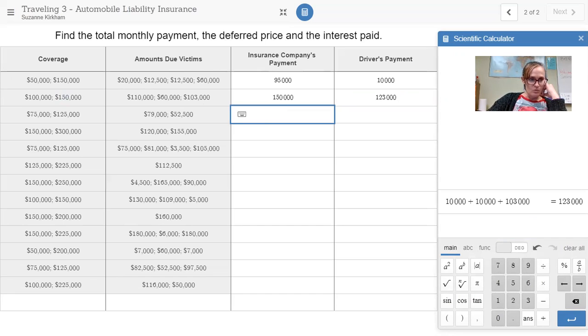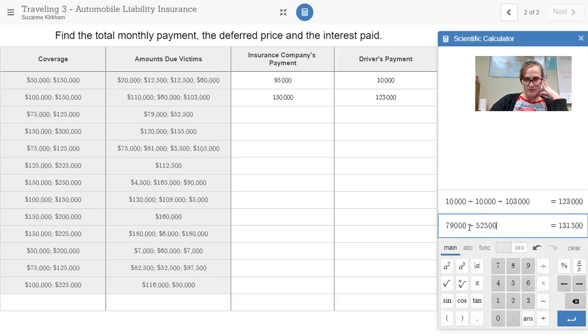Okay, so this next one, there is 75,000 for each person and 125,000 for total. So if we take our two amounts, 79,000 and 52,500, and add them together, 79,000 plus 52,500, and then we subtract 131,500 minus 125,000.